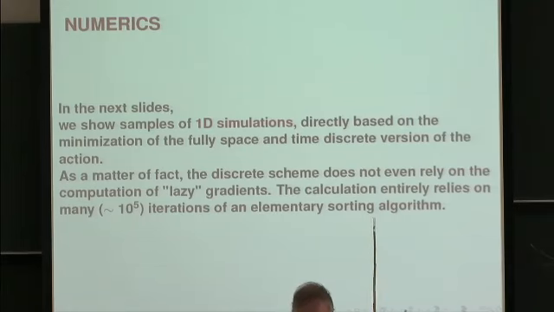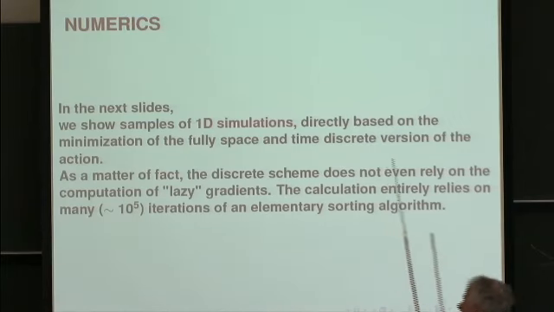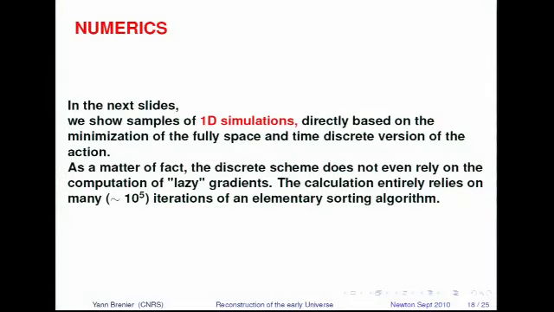So it's very easy to code. Well, it's time consuming because you need a lot of iterations, but actually, you don't need to compute even the lazy gradients, because the time discrete version of the scheme handles that automatically in some sense. So that's a good advantage of thinking in a discrete way.